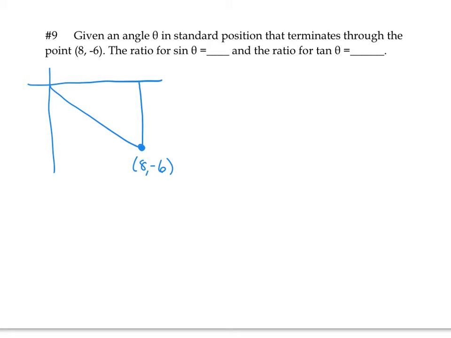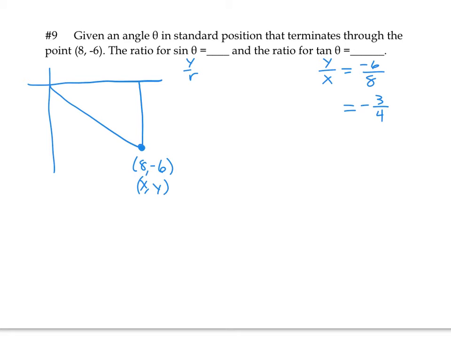So we want to write the ratio for sine, which is y over r, and tangent, which is y over x. To write the sine ratio, we need an r. We have x and we have y, so we could actually write the tangent ratio right now. That's fine. Y is -6 over 8. That would be -3/4.